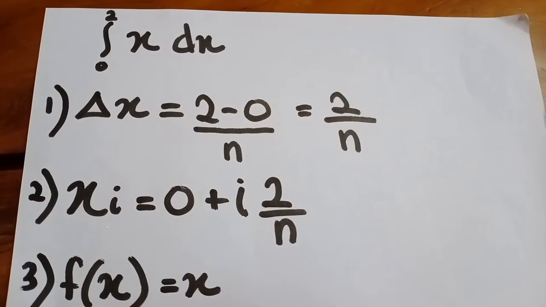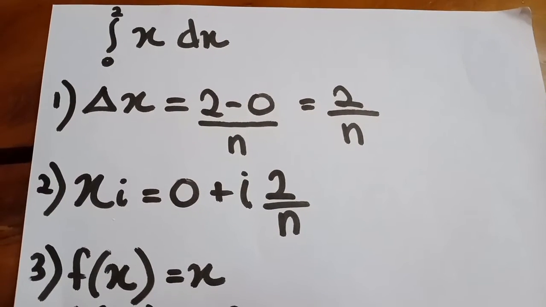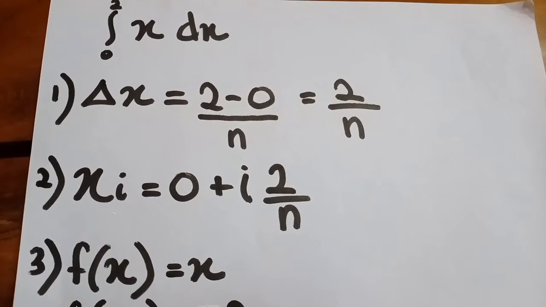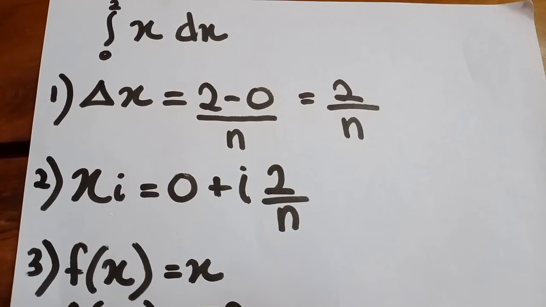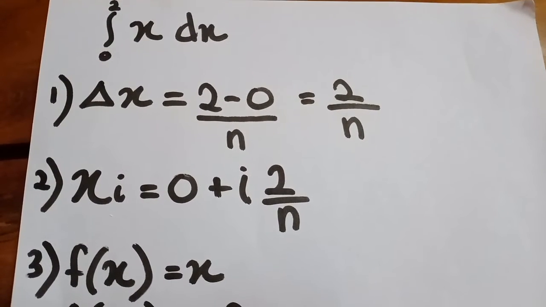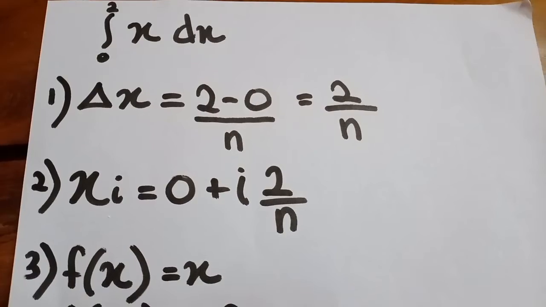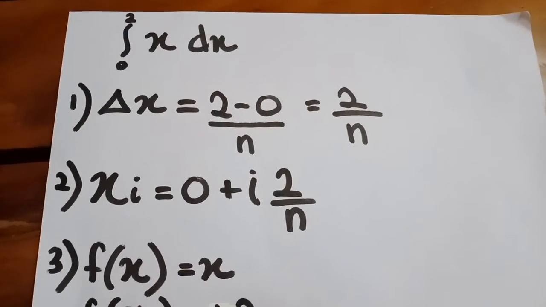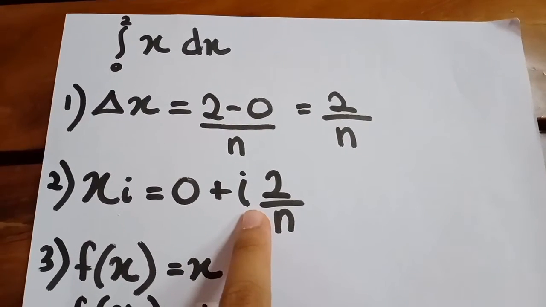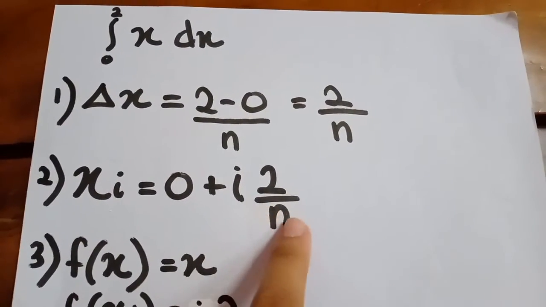We get 2 over n. The second step is we need to find xi. We substitute into the formula a plus i delta x, and we have a is 0 plus i times 2 over n, which is delta x.